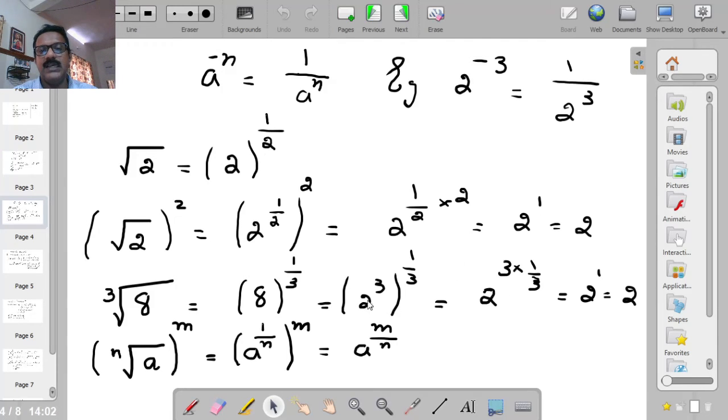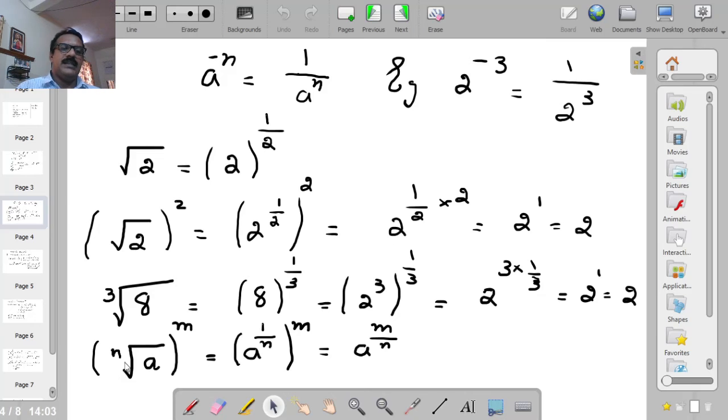This is a raised to m the whole raised to n, where m is equal to 3, n is equal to 1 over 3. So the exponents are multiplied together: 2 to the power 3 times 1 over 3. This 3 and 3 get cancelled and we get 2. The result is 2.